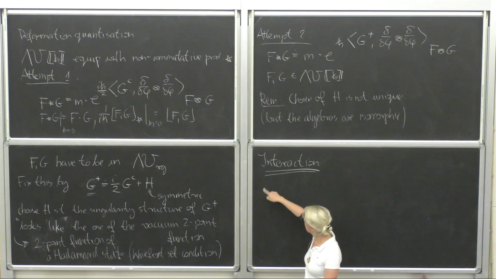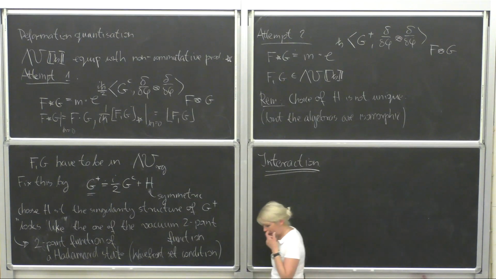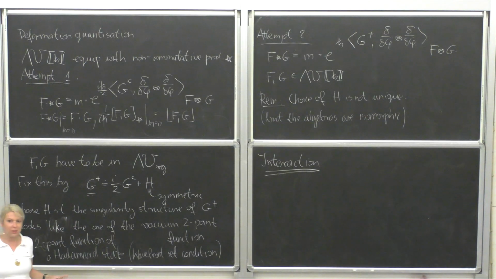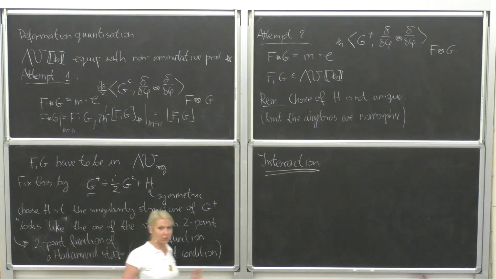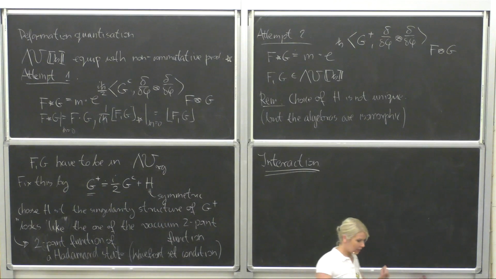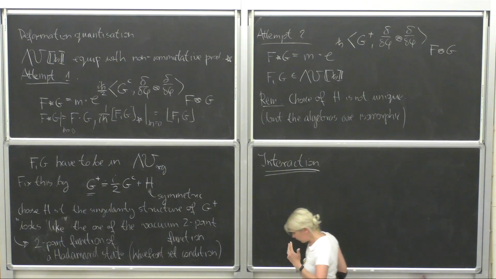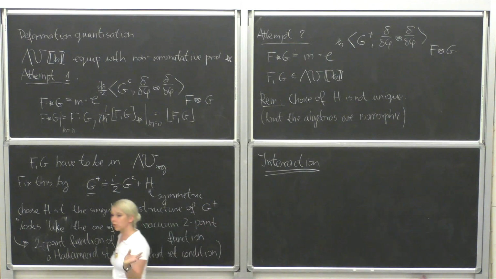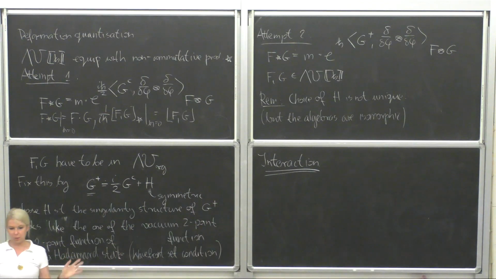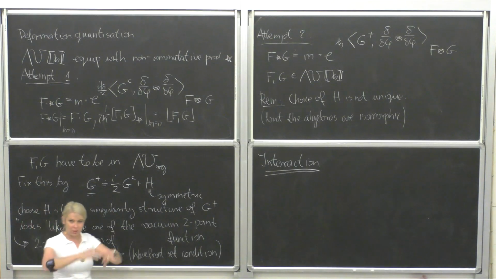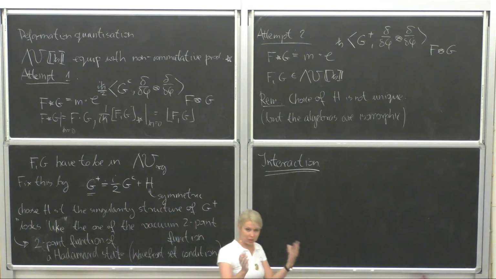So here, first of all, I opened any quantum field theory book and look what people do when they want to construct interacting fields. And you find, for example, the formula for the interacting fields in terms of a path integral, S matrix, correlation functions, and things like that.